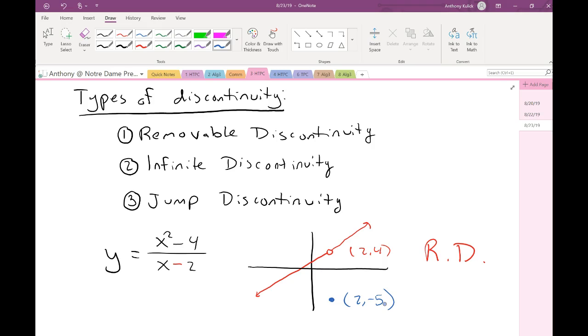You know what I mean? There's a hole, but instead of that point just being empty and gone, it's been moved somewhere else where it's no longer connected with the rest of the graph. So either one of those two situations are removable discontinuities. Everybody okay with that idea? Okay.